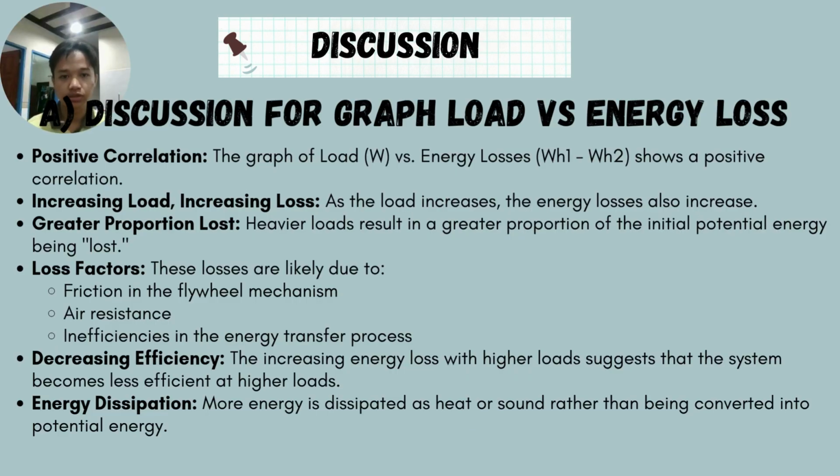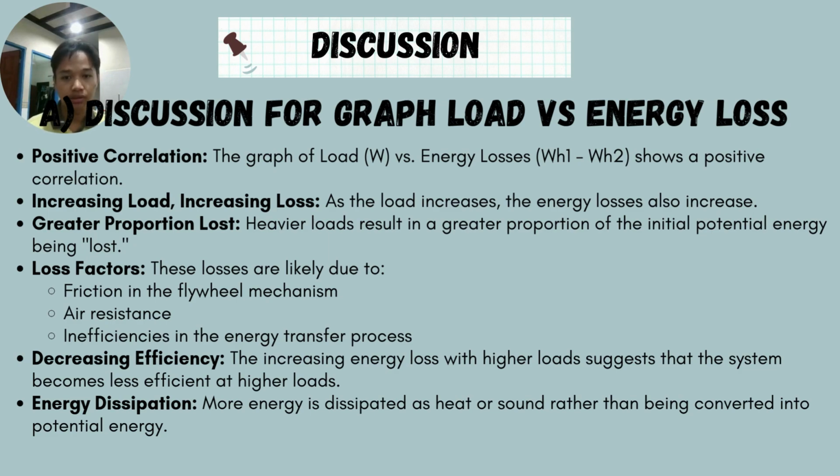For the graph of load versus energy loss, it shows a positive correlation. As the load increases, the energy loss also increases. Heavier load results in a greater proportion of the initial potential energy being lost.